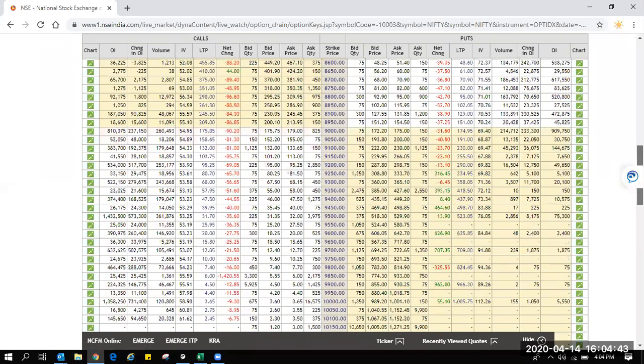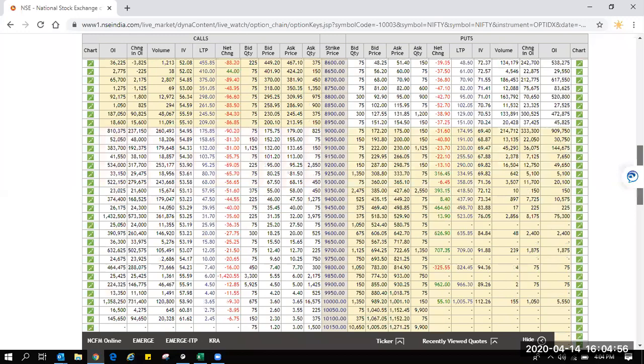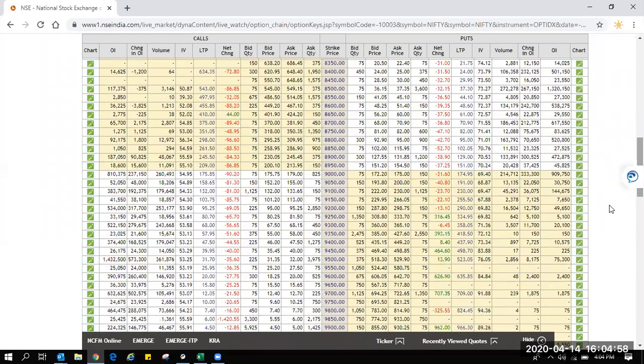Now the highlighted section is always called in the money. So whatever strikes are highlighted in calls, those are in the money calls. Similarly, the highlighted puts here are all in the money puts.